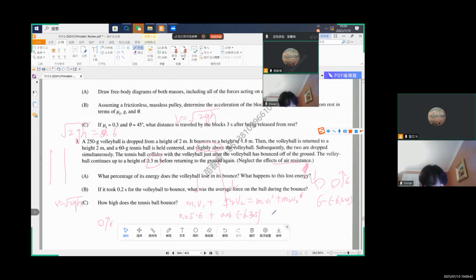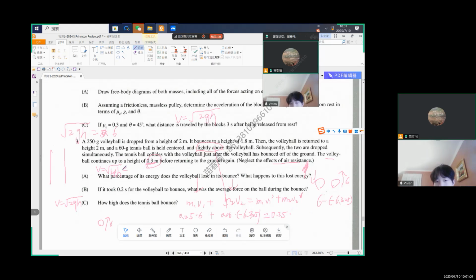And then it equals what's after it. 0.25 times, what's the new velocity for this? This is the volleyball, which continues up over 0.3 meters. From this, I can use V equals square root of 2gh. This comes from conservation of energy.